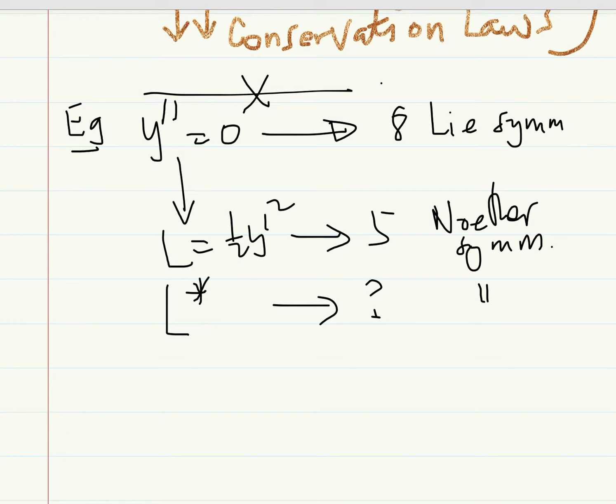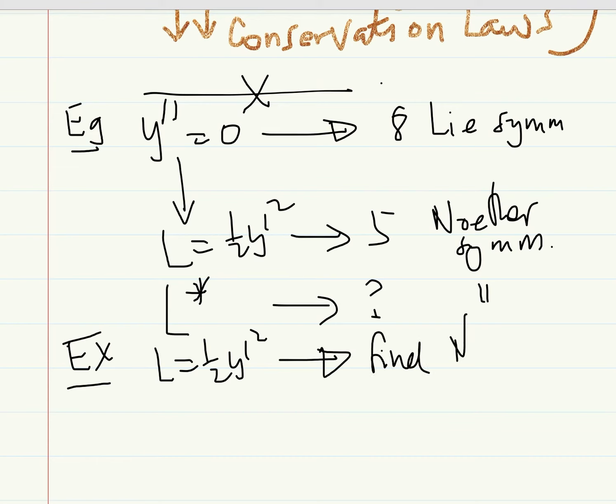Let's put this in as an exercise, first of all, that if L is equal to a half y dash squared with non-zero gauge, like in the example we just did, find the Noether symmetries. And remember, this Lagrangian is a Lagrangian of the differential equation y double dashed equal to 0.